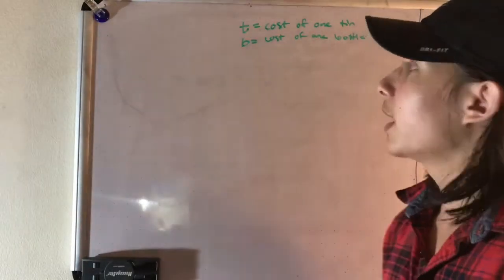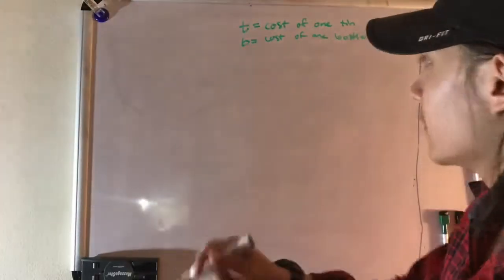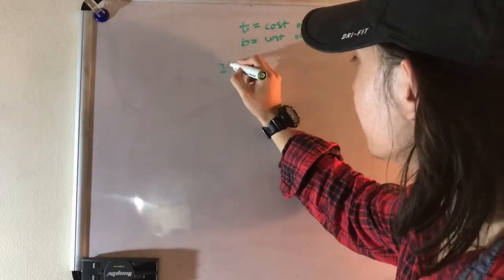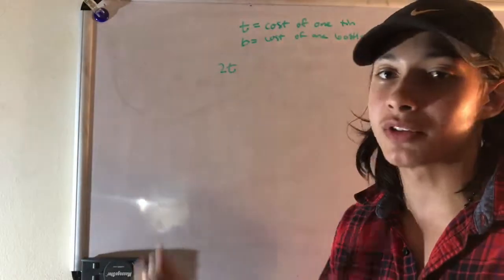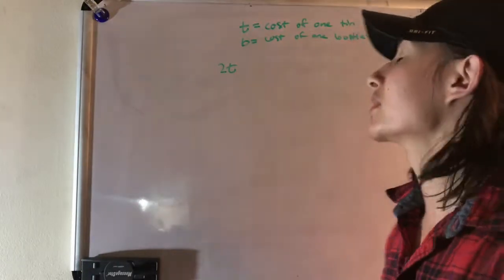And so we know that she bought 2 tins, right? So the cost of those 2 tins, that individual section of the original equation, would be 2t. The equation wasn't listed, but the wording of the equation was.